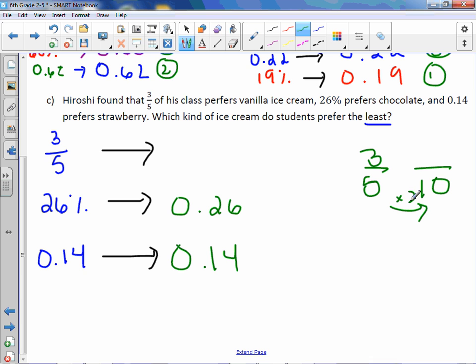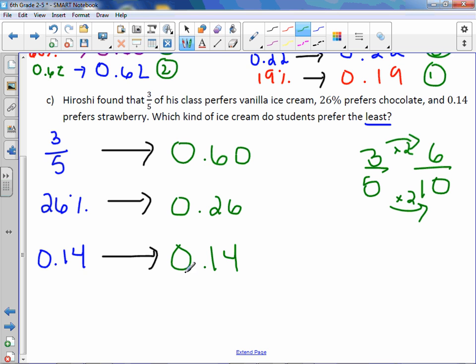You multiply 2 to get there. You do the same up top and get 6/10, or it can be written as 0.6. There is a gap right here that we will fill in with a 0. Looking at these three amounts, we don't care about the order in this question. We want to know which flavor they prefer the least.